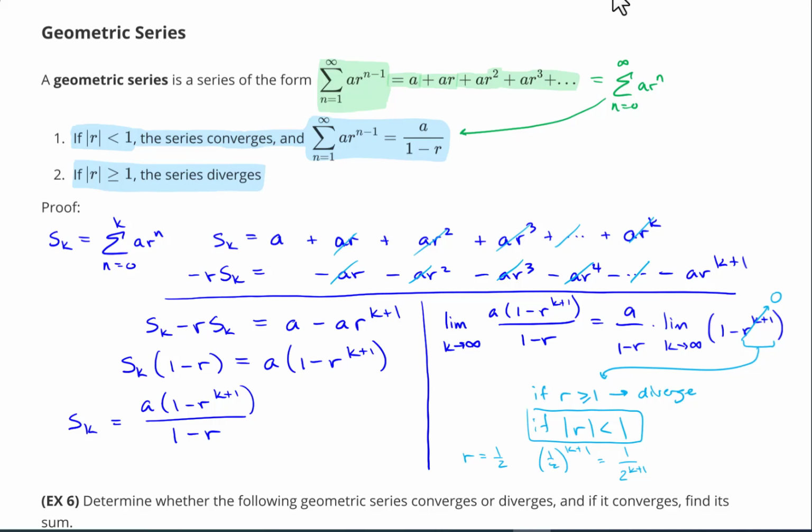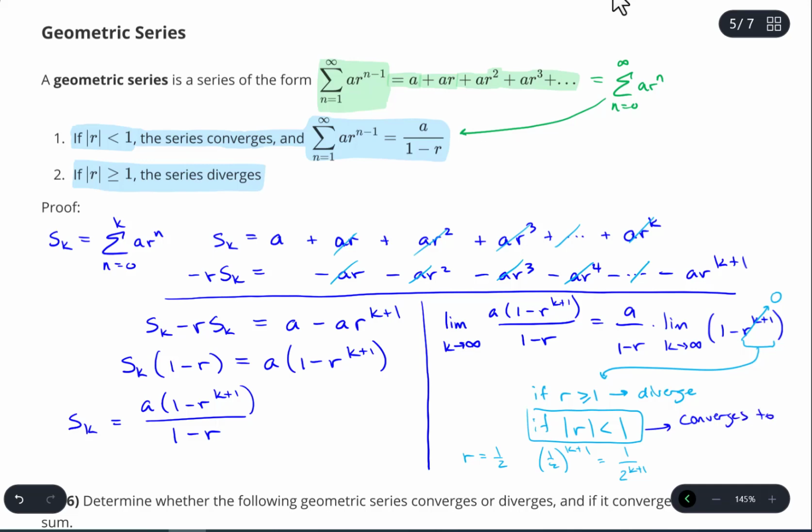And you just have 1 times the a times 1 minus r. So under that condition, what happens is this converges to a over 1 minus r, just like the formula states.